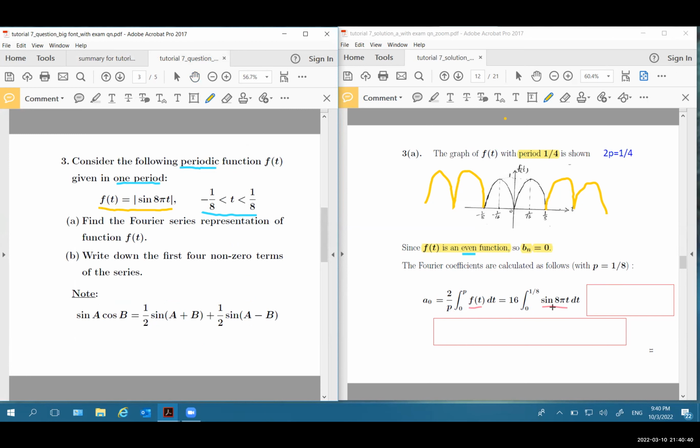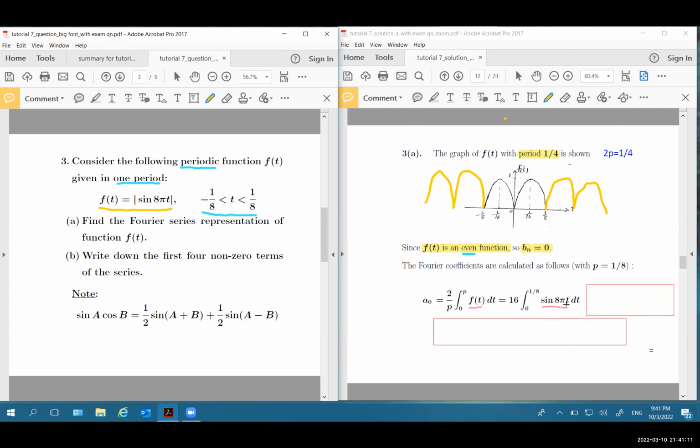You don't know why here I don't have absolute value? Is it that I forgot to put down? Do you know why here I didn't put absolute value? From 0 to 1 over 8. Why I did not put absolute value here?